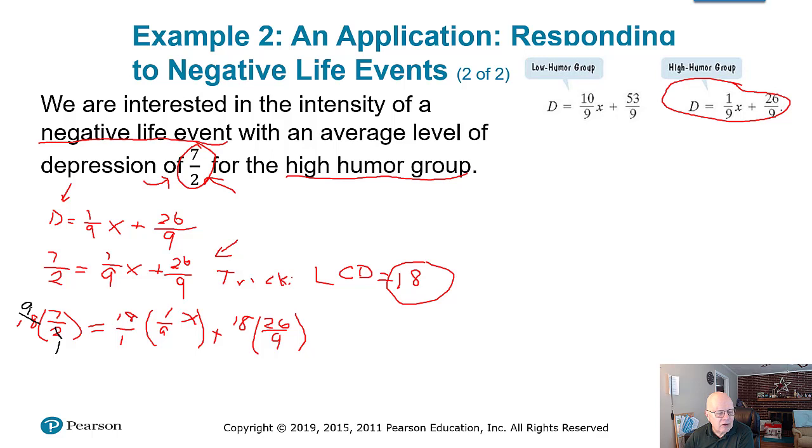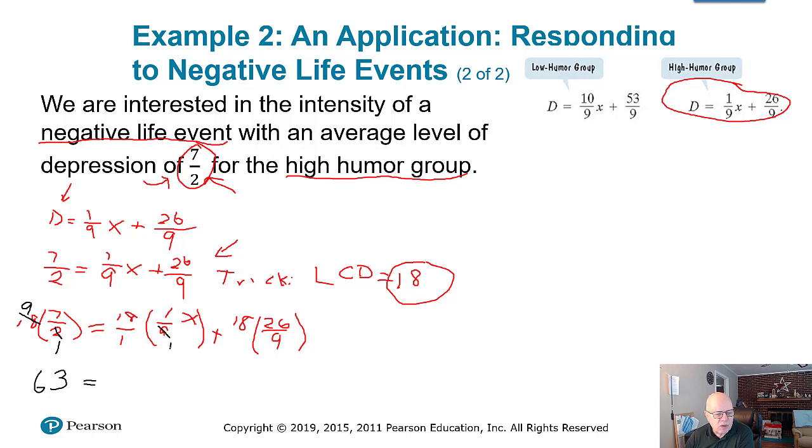So all we have on the left side is 9 times 7 is 63 equals. Now, we haven't finished yet, but notice what happened. When I multiplied by the least common denominator, I didn't have any fractions anymore. So we're going to keep on going.